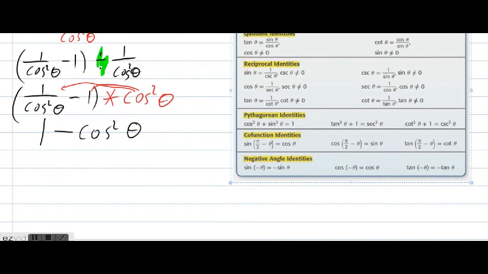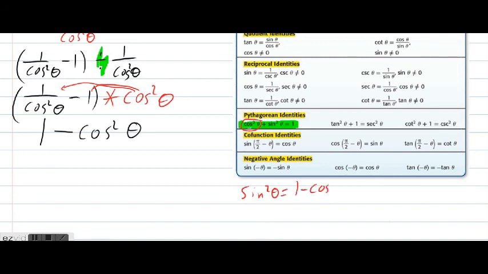Now I look back over at my trig identities, and I'm looking for something with 1 and cosine squared, because I'm still trying to shrink this down. I have that, but I have to manipulate it. If we do a little bit of mental math, sine squared of theta is equal to, I subtract cosine squared from both sides, 1 minus cosine squared of theta.